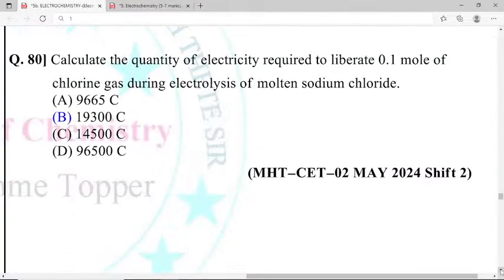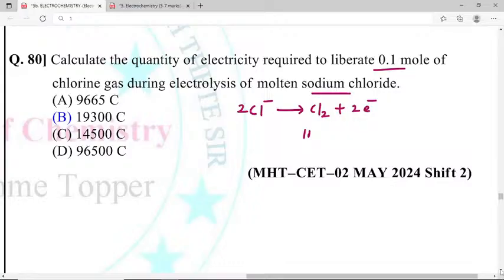Calculate the quantity of electricity required to produce 0.1 mole of chlorine gas. Sodium chloride, by using sodium chloride, chlorine gas is formed. So Cl minus gives Cl2 plus 2 electrons. So this is twice Cl minus. Okay.